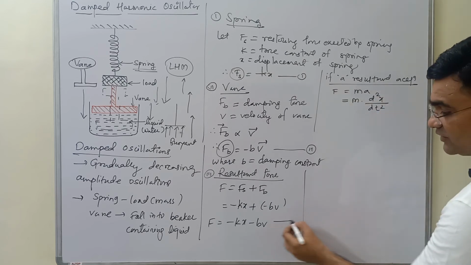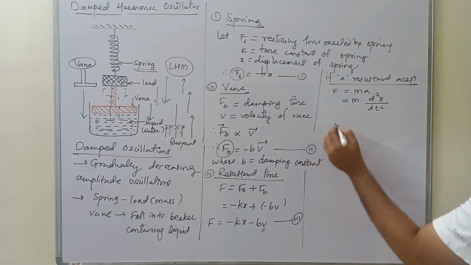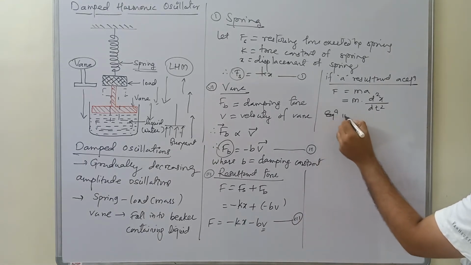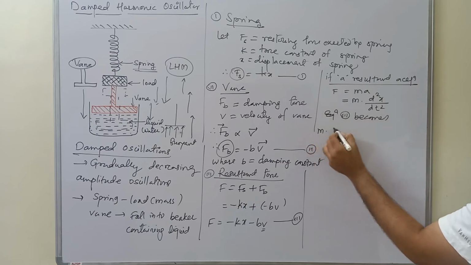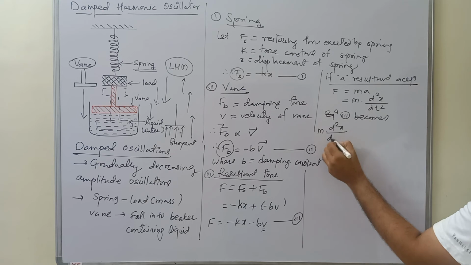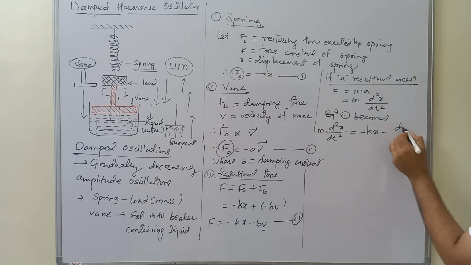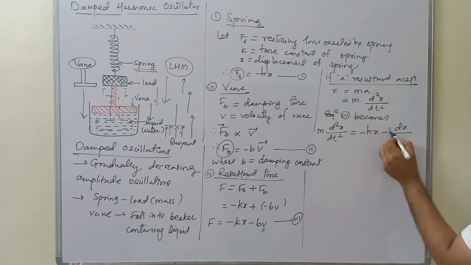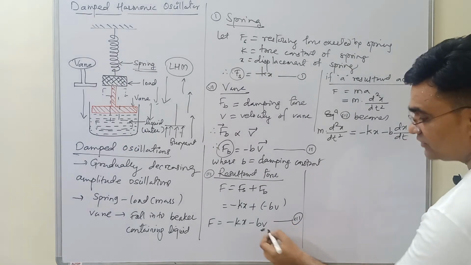Substituting in equation 3 and putting the value of v also, equation 3 becomes m d2x by dt2 equals minus kx minus b into dx upon dt, where dx upon dt means velocity.